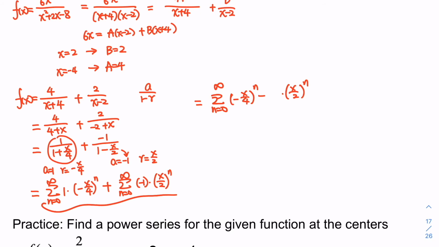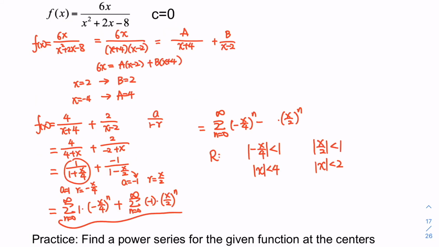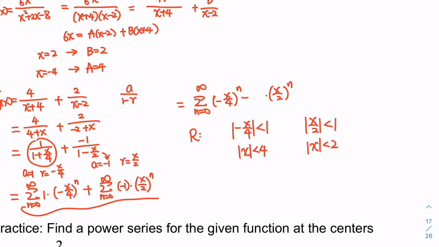However, when we deal with the radius of convergence, for the first one, |negative x over 4| is less than 1. For the second one, |x over 2| is less than 1. So this gives us |x| less than 4, and this is |x| less than 2. Because the center is 0, that looks nice. However, we have to make sure both of them converge, so we have to find the common part.